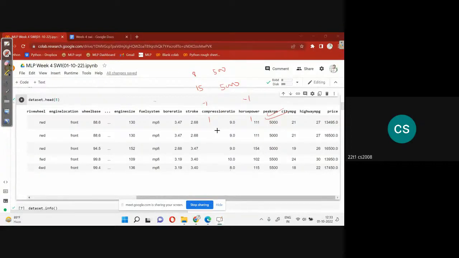And the third thing is that it is a basic assumption of linear regression. If those assumptions are not true, linear regression won't work properly, because it will give high weightage to those columns which have large values.